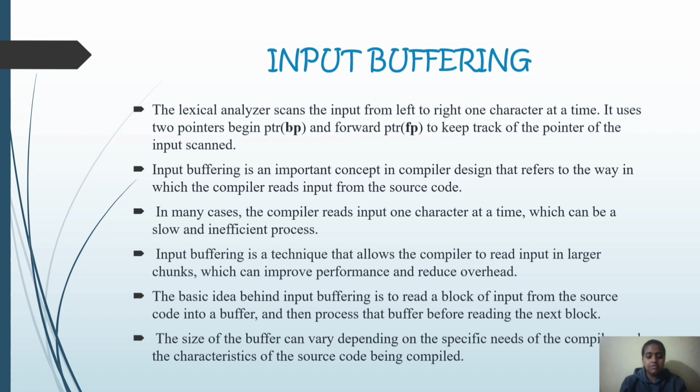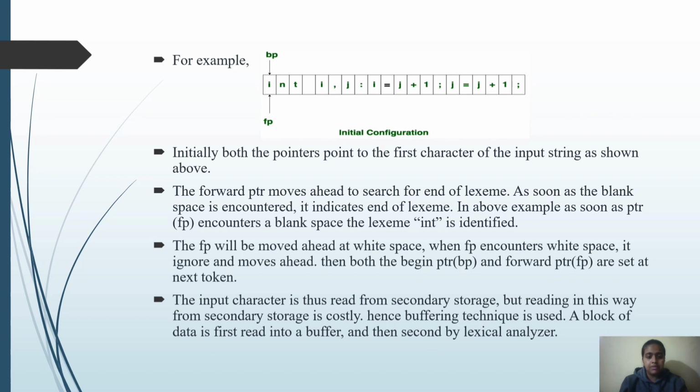The size of the buffer can vary depending on the specific needs of the compiler and the characteristics of the source code being compiled. For example, from the figure, the initial configuration: initially, both the pointers point to the first character of the input string as shown above. The forward pointer moves ahead to search for the end of the lexeme.